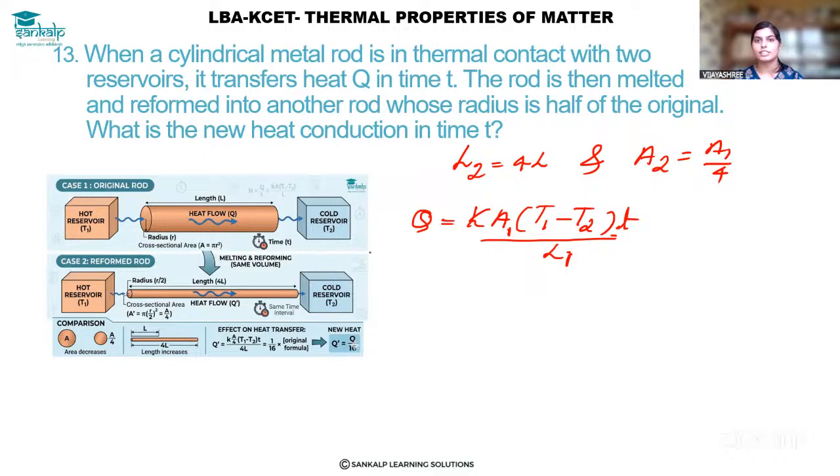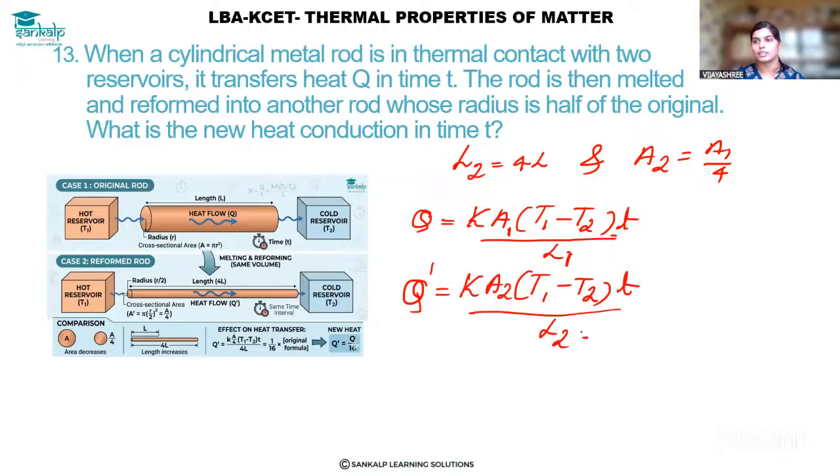Then, when we take the second, reformed rod, I write the heat transfer as Q dash, which is equal to K. K remains the same because the material is the same, which is equal to A2 into (T1 minus T2) into t divided by L2. Now what is A1, A2, L1, L2? Let us write in terms of either L1, L2 or A1, A2.